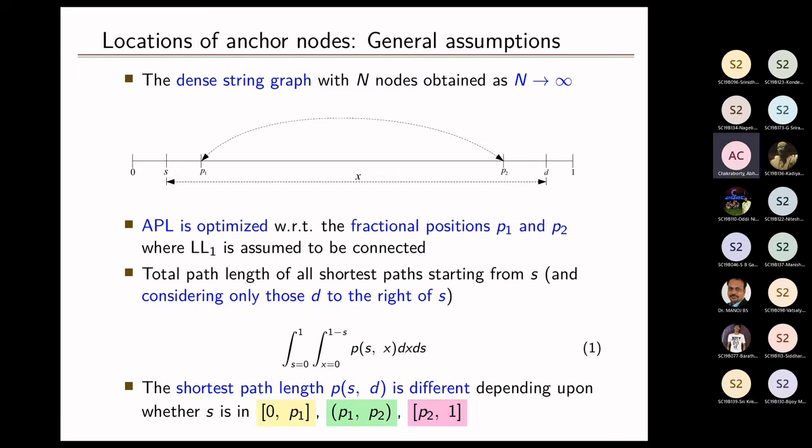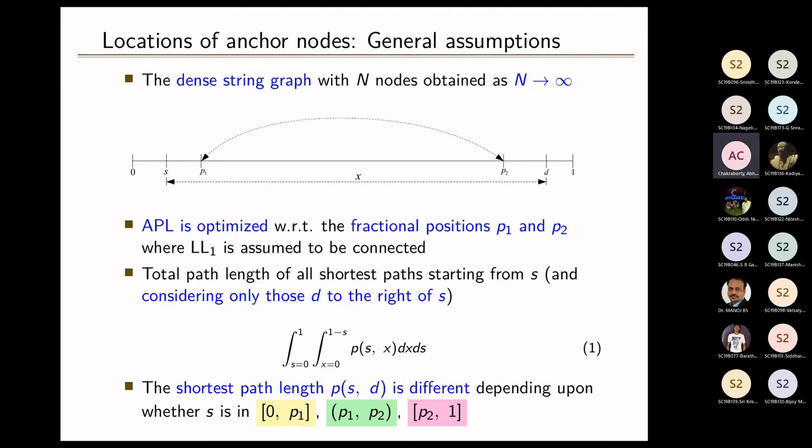The shortest path between all such source and destination possibilities is the sum from all these 3 subdivisions. So if we can identify the total path length contribution from these 3 segments and add them, we'll get the total path length contribution from the entire unit string.